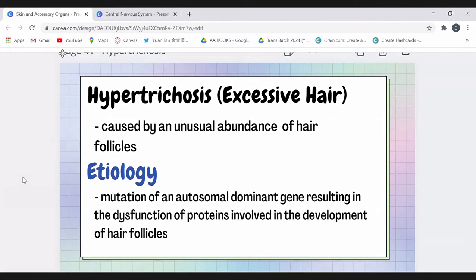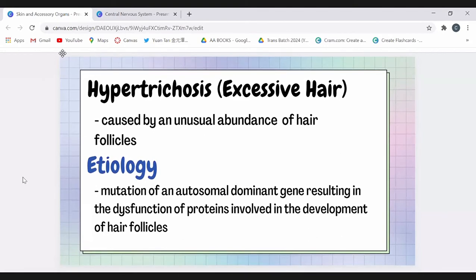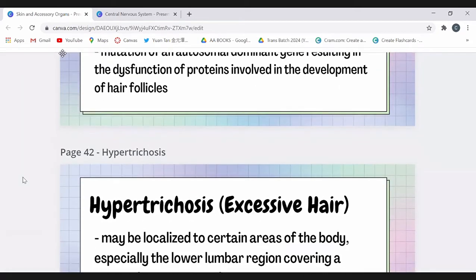So hypertrichosis is caused by an unusual abundance of hair follicles. Its etiology is the mutation of an autosomal dominant gene resulting in the dysfunction of proteins involved in the development of hair follicles. Next slide, please.